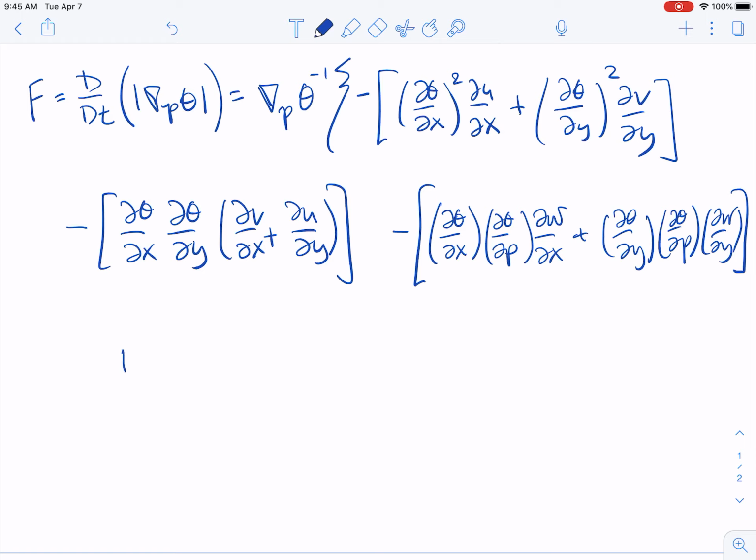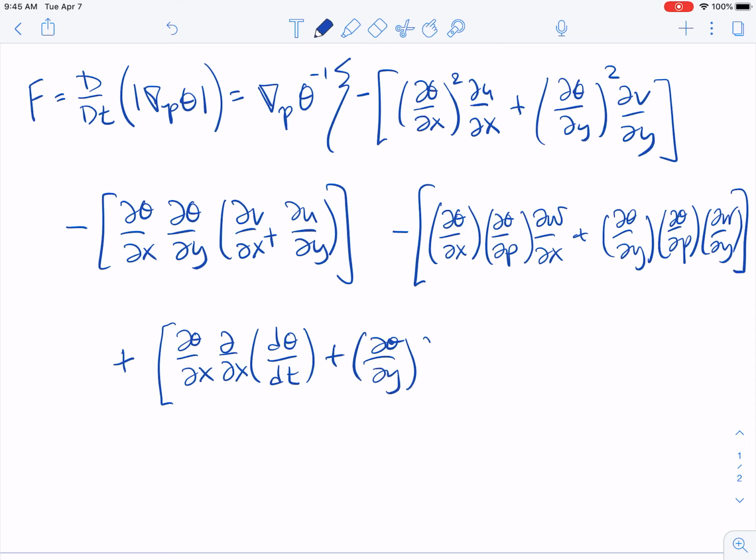And the last term, plus d theta dx d dx of the quantity total d theta dt plus d theta dy d dy of their total d theta dt. All right, so here, our end bracket there.